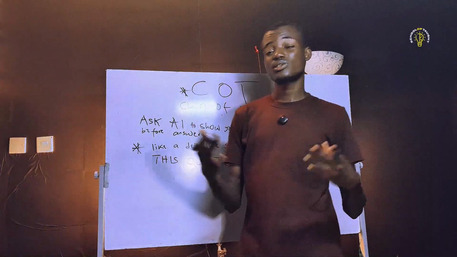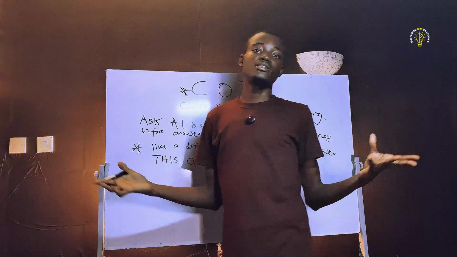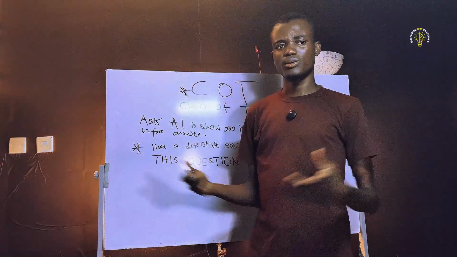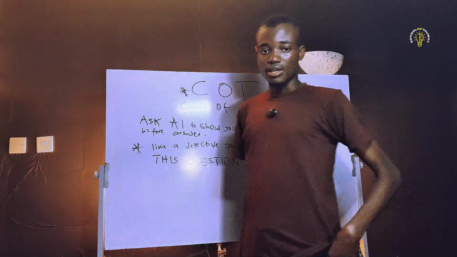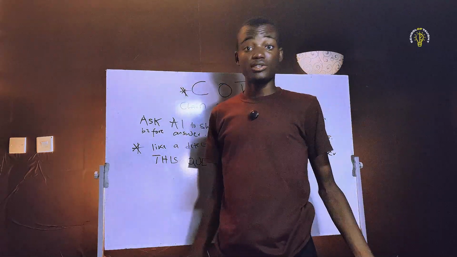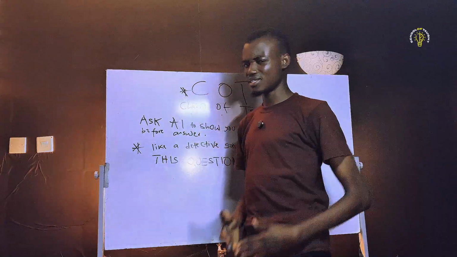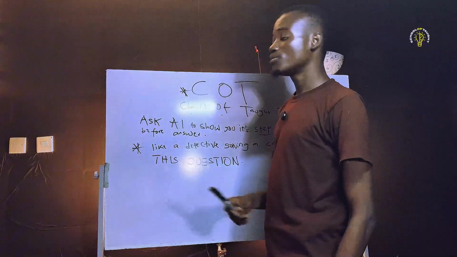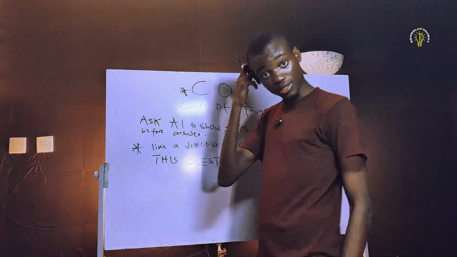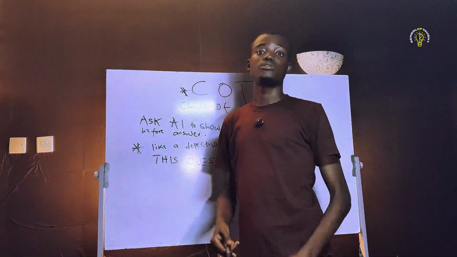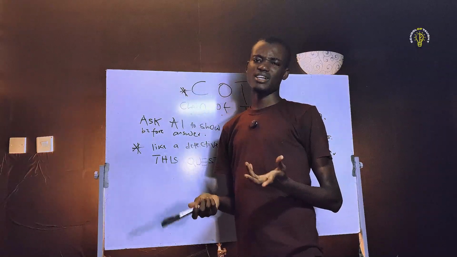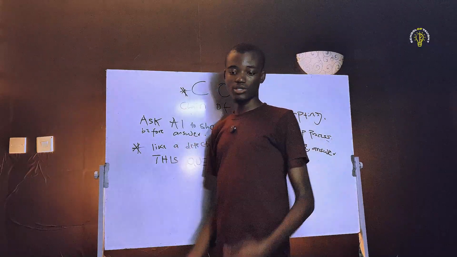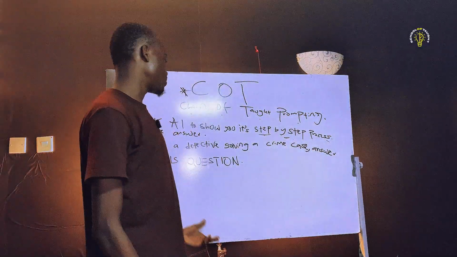Deep reasoning ensures that it takes time and analyzes the research, runs it over and over again through its servers and the web and all the information it has access to, to give you the most accurate result. So when you tell it to show you its step by step process, by the time it's done, you'd have already actualized the answer, because you won't need the answer again, because you've already seen the process it went through.